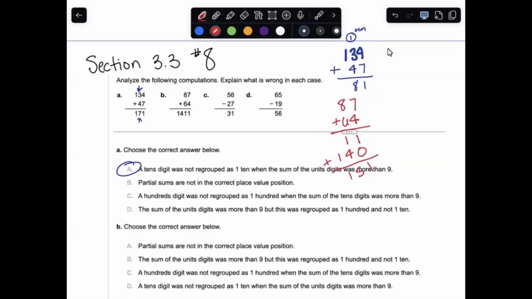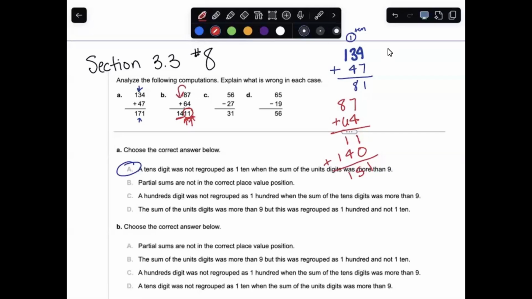But what this student has done is they've put the 11 ones in the tens and ones places, which is okay because I have 1 ten and 1 one in 11 ones. However, they've taken my 14 tens and placed them in the wrong place value of the hundreds.